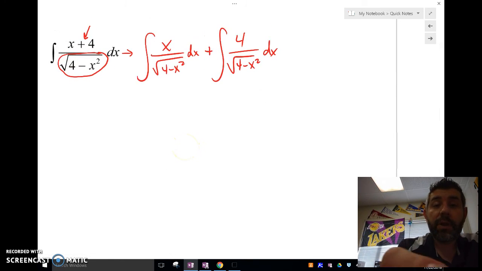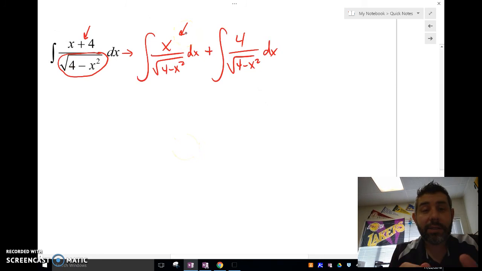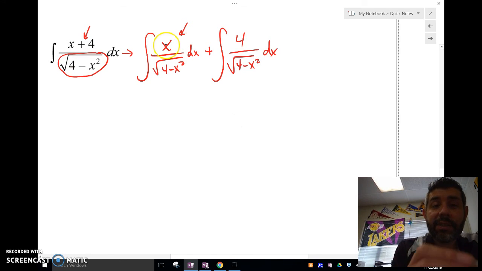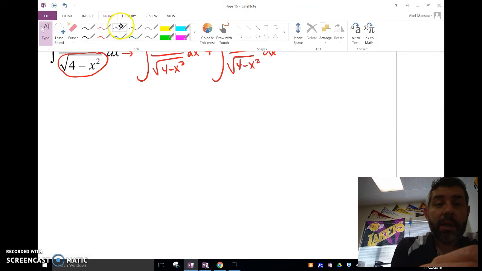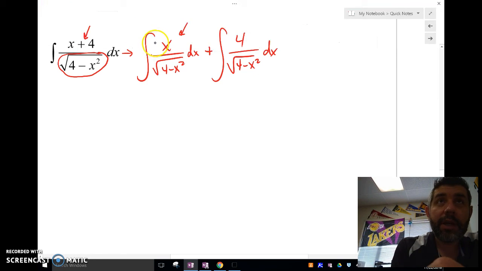This one is not an inverse trig because I have an x in the top, and the derivative of 4 minus x squared is negative 2x, right? So I'm going to put in a negative 2 here and a negative 1/2 out here because I have an inverse chain rule.